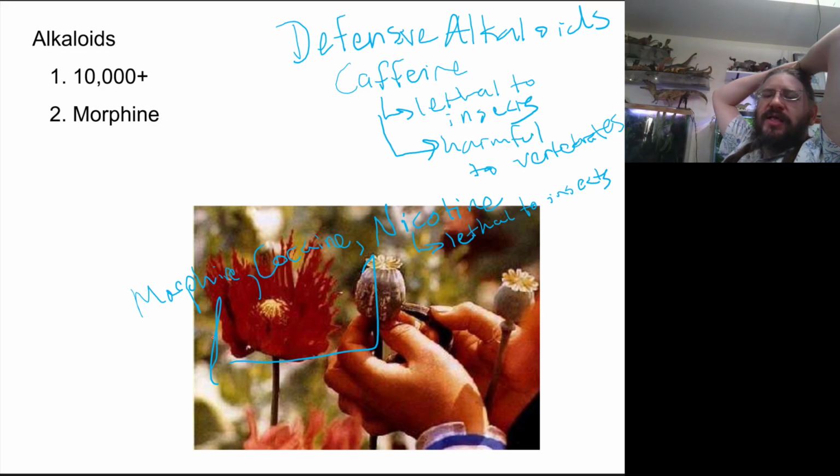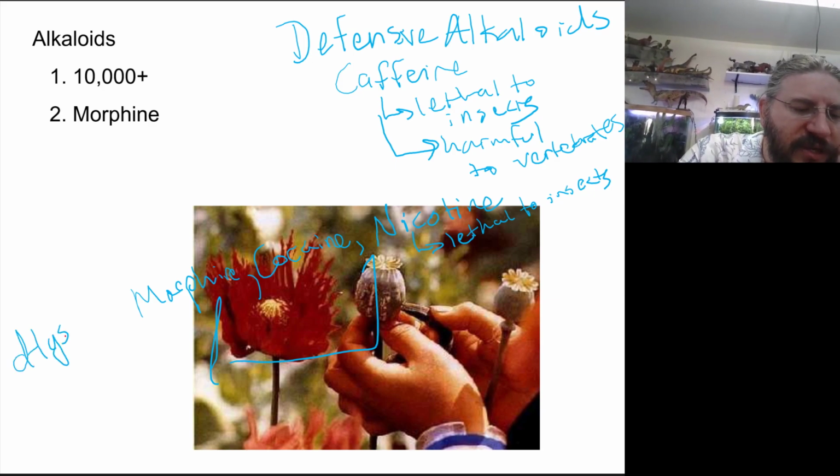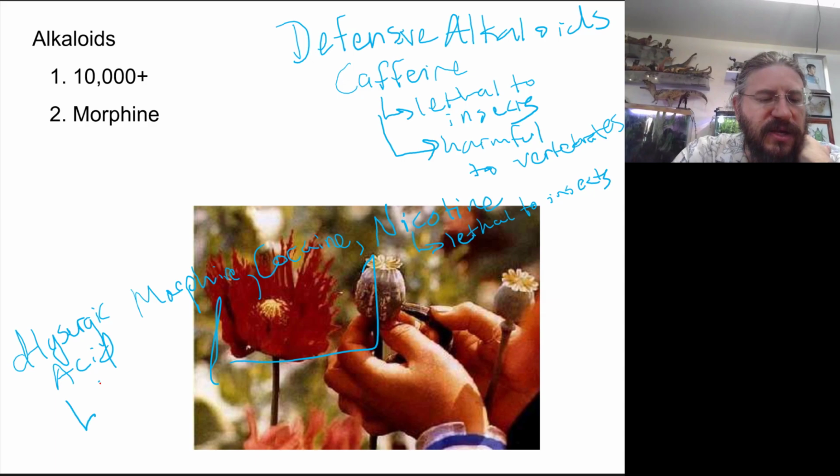Speaking of the trip balls mechanism of defense, another thing that's lethal to insects and causes vertebrates to trip is good old-fashioned D-lysergic acid, which you might know as LSD.